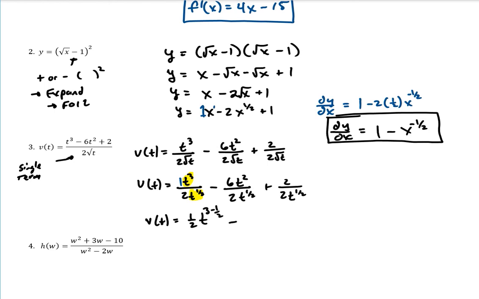Okay, and then I have minus the 6 over 2, these just simplify. 6 over 2 is just 3. And then t squared divided by t to the 1/2, again, those would just subtract. And then the last one, I have 2 over 2 reduces to become just 1. And then t to the 1/2 down below, I can change that right now to make it t to the negative 1/2. And then this 1, I probably don't really need to write anymore.